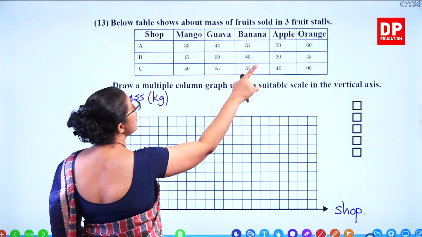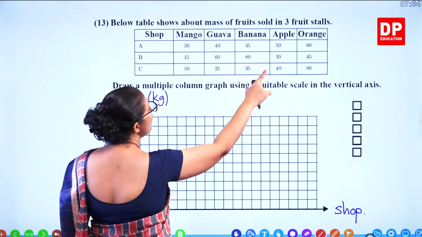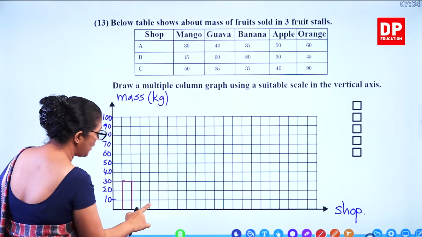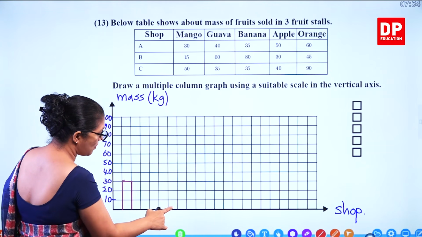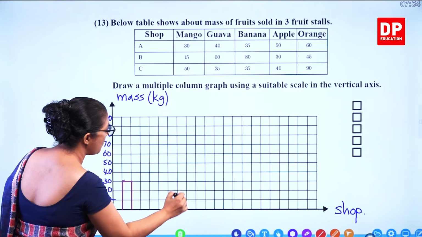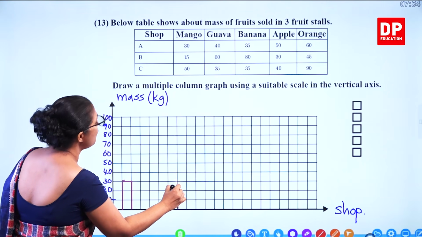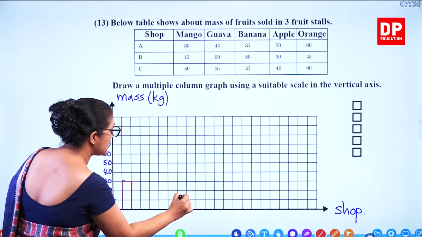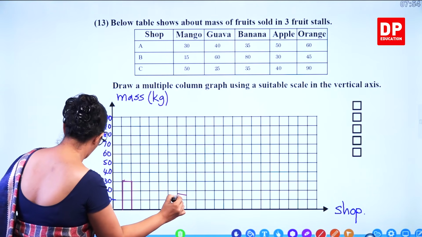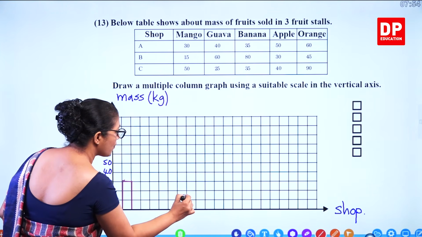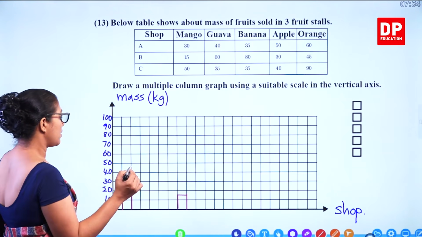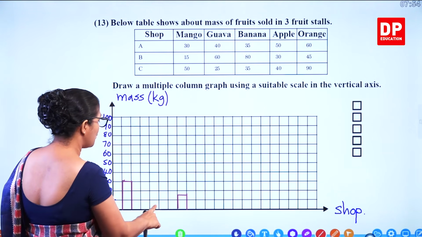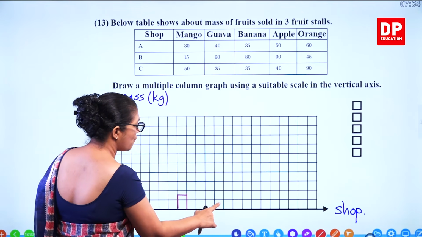So how many columns I need? 1, 2, 3, 4, 5. Leave a space and then you can draw the other bar. So what's the value? 15. 15 is in between 10 and 20. That's this one. Again, 1, 2, 3, 4, 5.